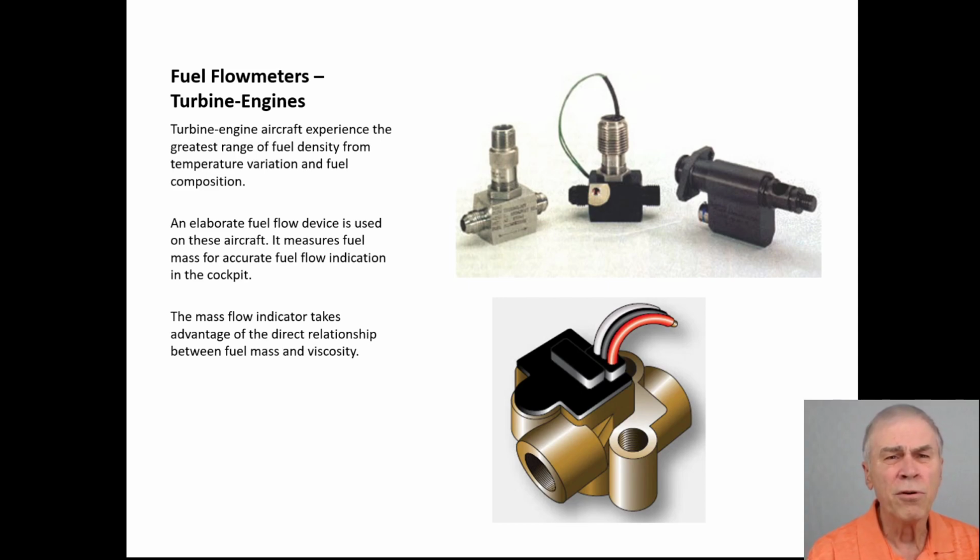An elaborate fuel flow device is used on these aircraft, and it measures fuel mass for accurate fuel flow indication in the cockpit. A mass flow indicator takes advantage of the direct relationship between fuel mass and viscosity. And you can see the outside appearance of the various flow meters.